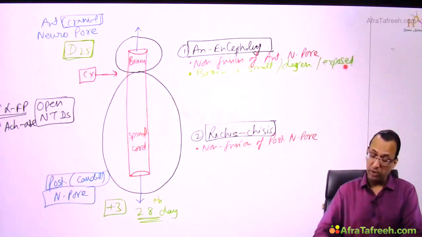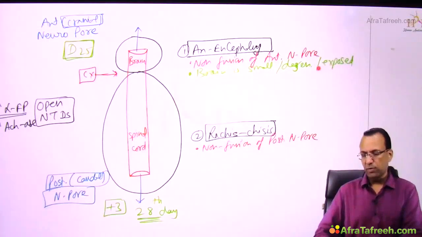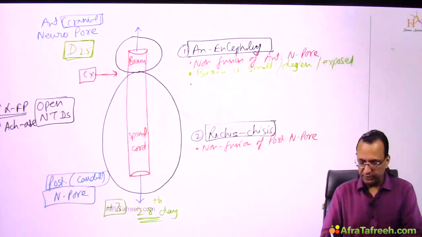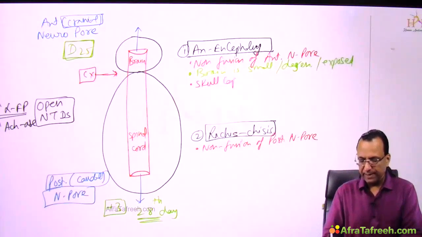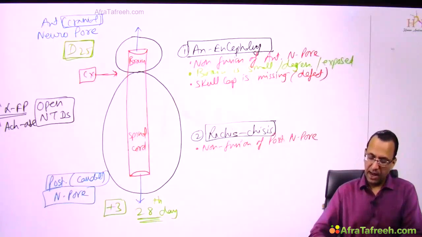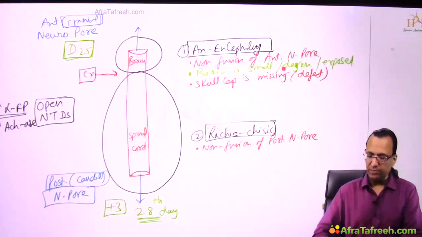Because it is exposed to amniotic fluid. But why is it exposed to amniotic fluid? Because the skull cap is missing. You mean to say there is some defect in the skull? Yes, there is a defect in the skull. Skull is open, brain is open, leading to degeneration of the brain due to exposure to the amniotic fluid.